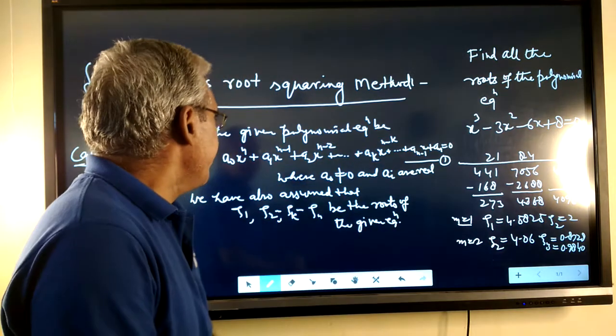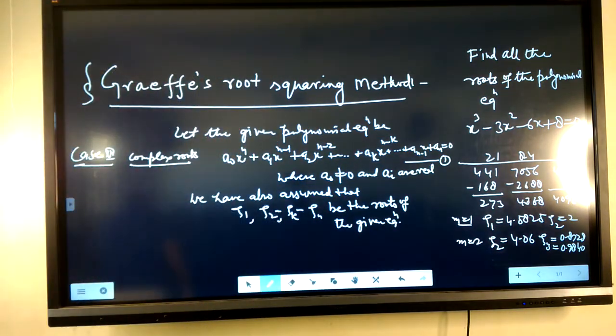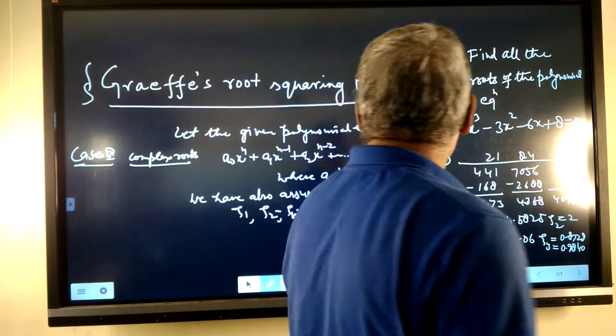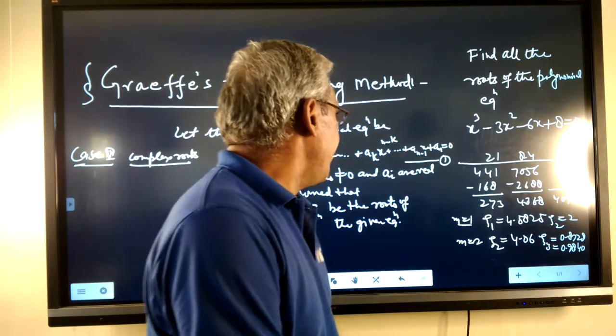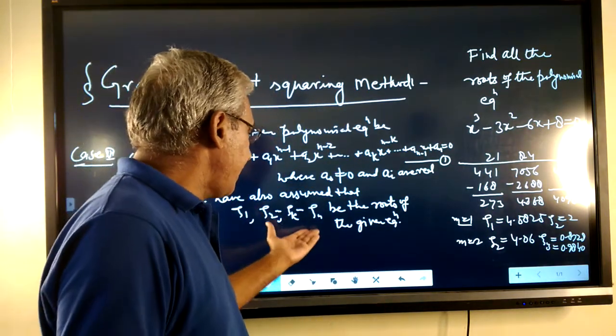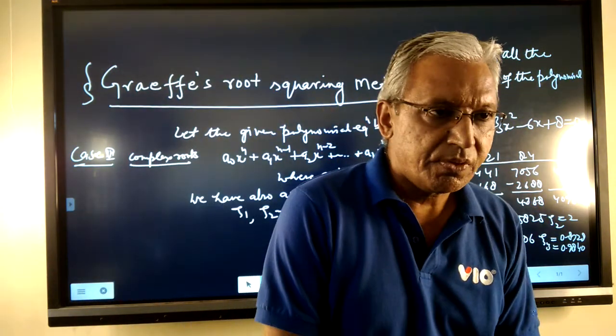Let the given polynomial equation be a0 x to the power n plus a1 x to the power n minus 1 plus a2 x to the power n minus 2 plus and so on, equal to 0, where a0 is not equal to 0 and ai are real. We also assume that xi1, xi2 and so on, xin are the roots of the given equation.